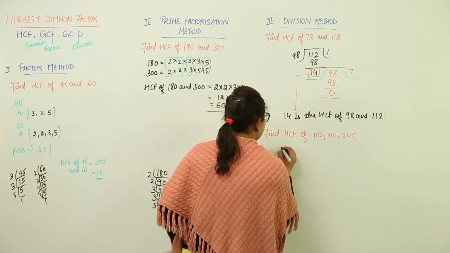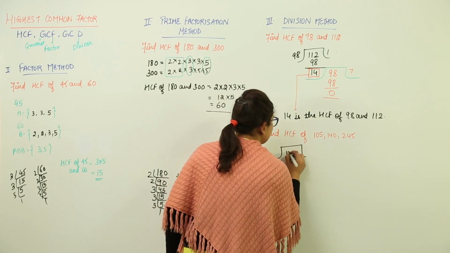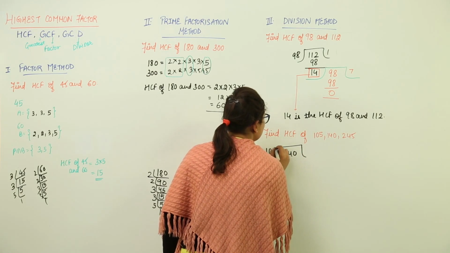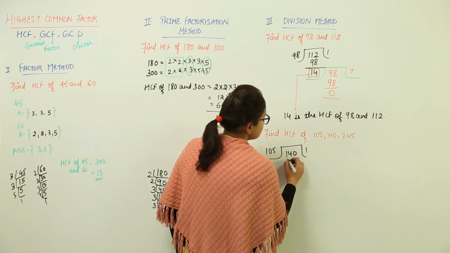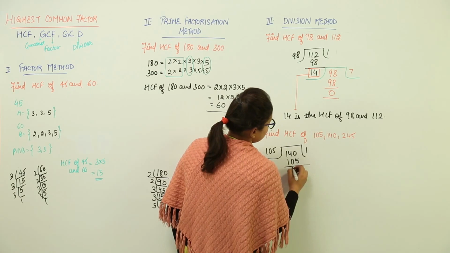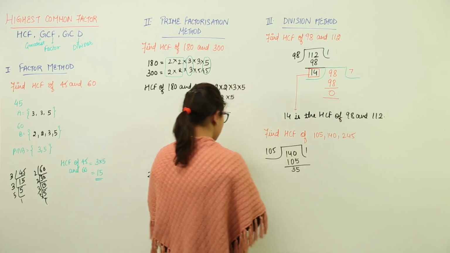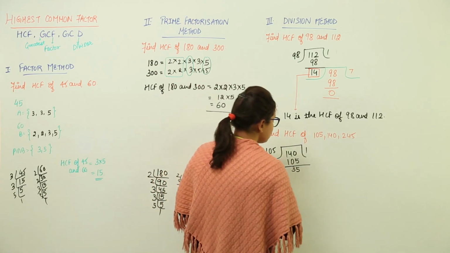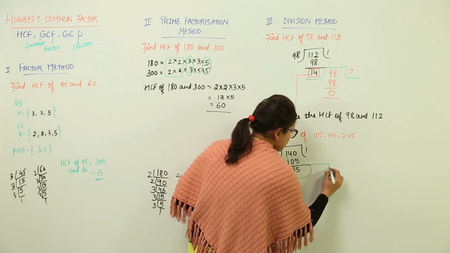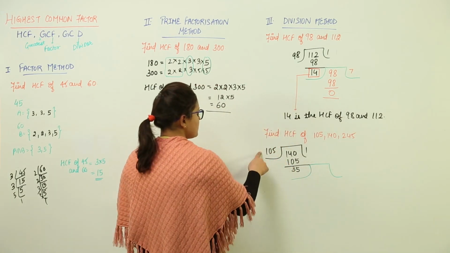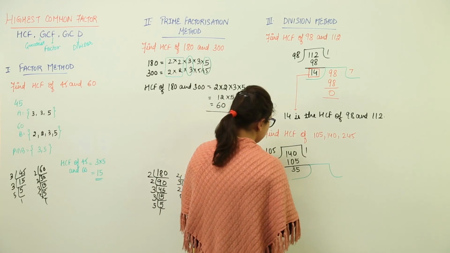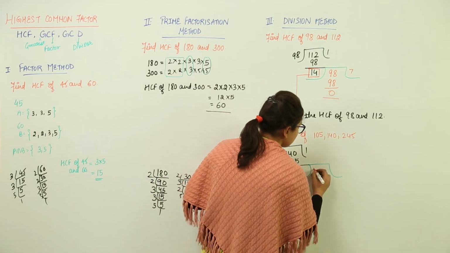First of all, we will divide 140 with 105 and it will go with 1. So we get 105, 35 is the remainder. Now again we are going to change the dividend. We would have the first divisor as the dividend, that means we can have 105 over here.